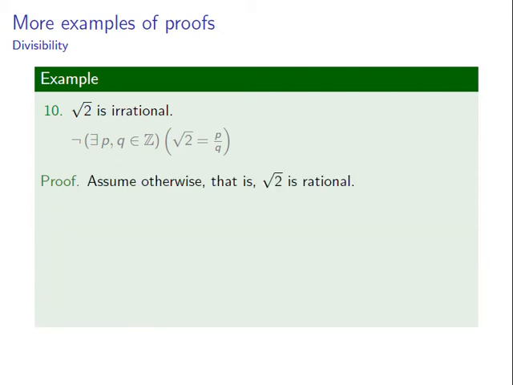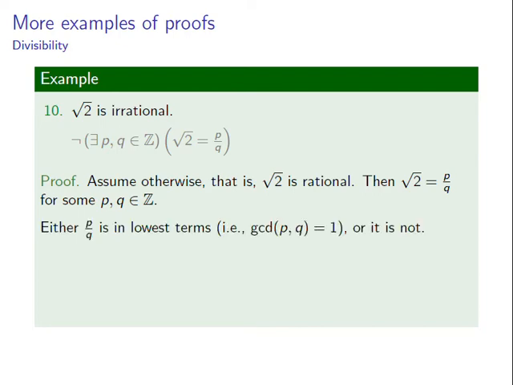Here are the details. Assume that the square root of 2 is rational. Then, by the definition of a rational number, the square root of 2 is equal to the quotient p over q of some integers p and q.